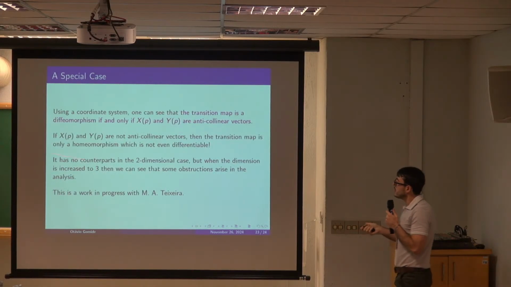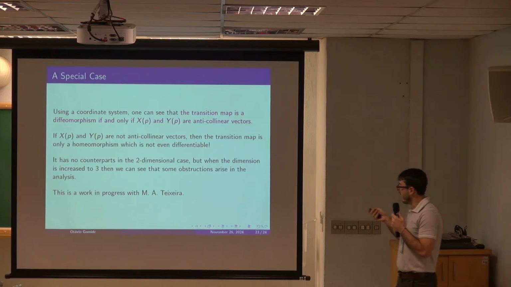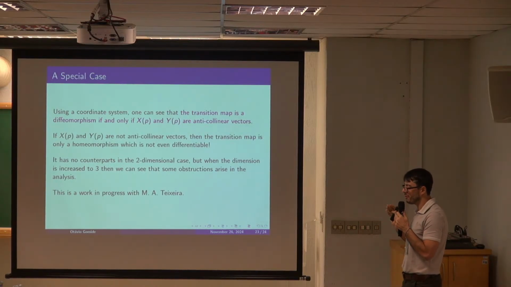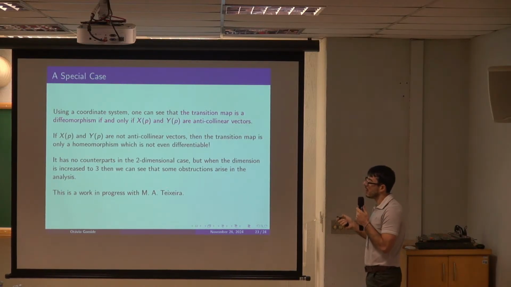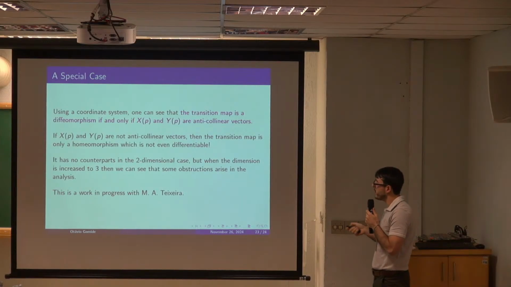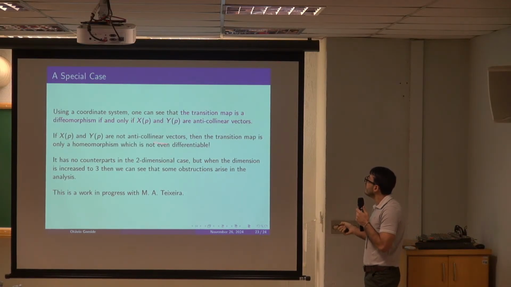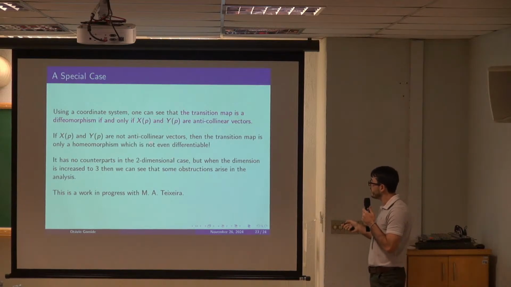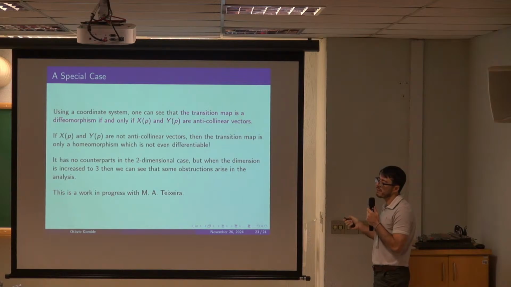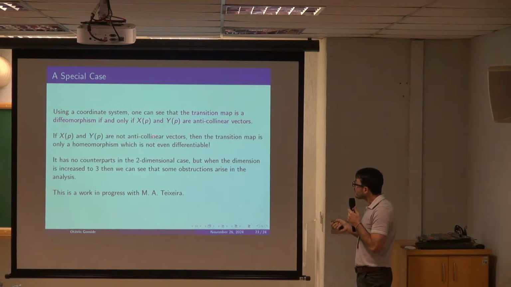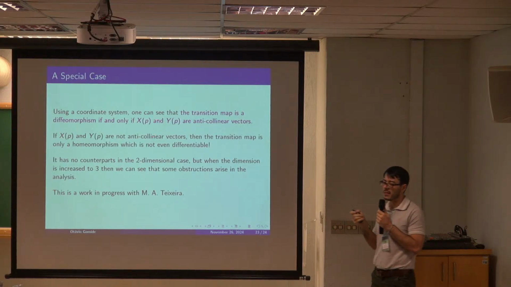Using a coordinate system, we can compute this. I avoid the computations here because they are kind of ugly. But if we use a coordinate system, we can characterize this transition map using a kind of normal form. The transition map is a diffeomorphism if and only if the vectors X at p and Y at p are anticollinear. If we have this condition, we have the property that happens in dimension 2.